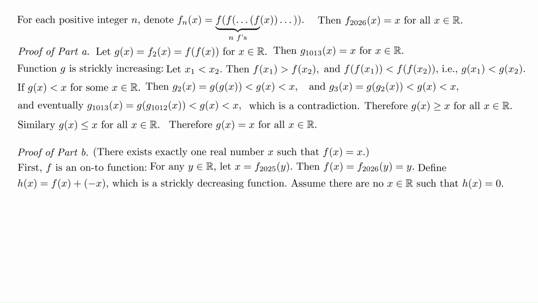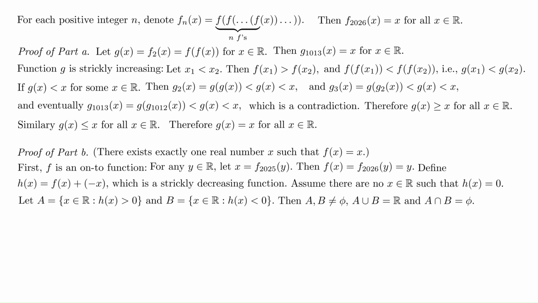Assume h has no root. Define set A to be the real numbers x with h of x being positive, and B the set for h being negative. Both A and B are not empty because both f of x and negative x are ranging from positive infinity to negative infinity.